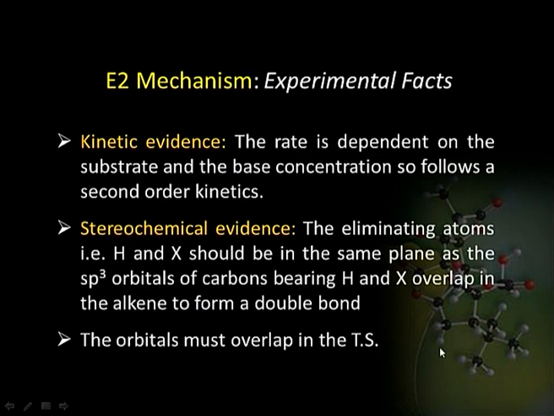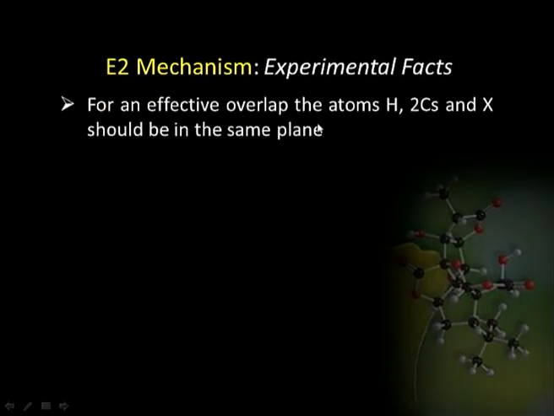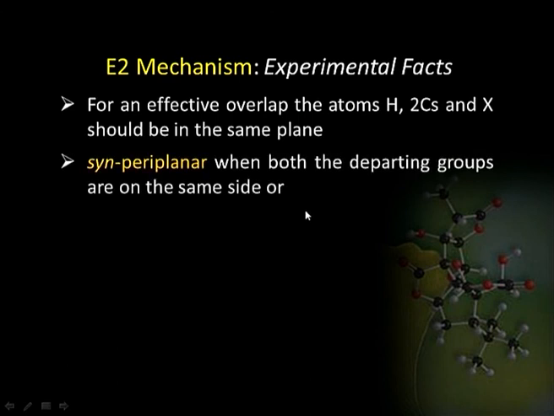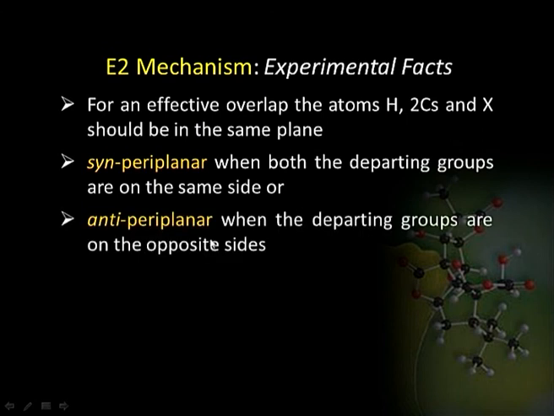The orbitals must overlap in the transition state, hence the polarity is very important. For an effective overlap, the atoms H, the two carbons involved and the halogen atom should be in the same plane. There are two conformations: syn periplanar, when both the departing groups are on the same side, or anti-periplanar when the departing groups are on the opposite sides.